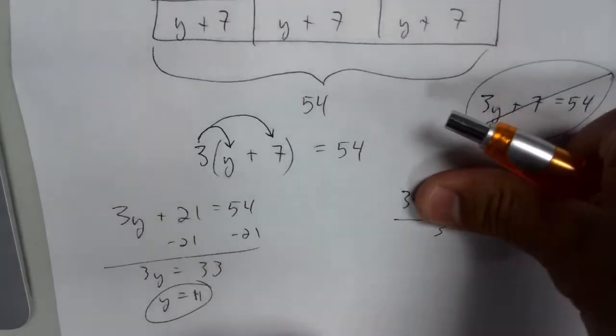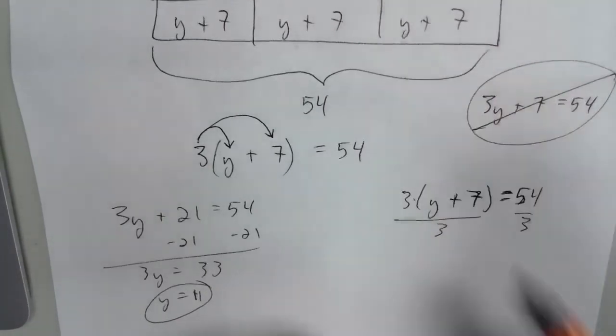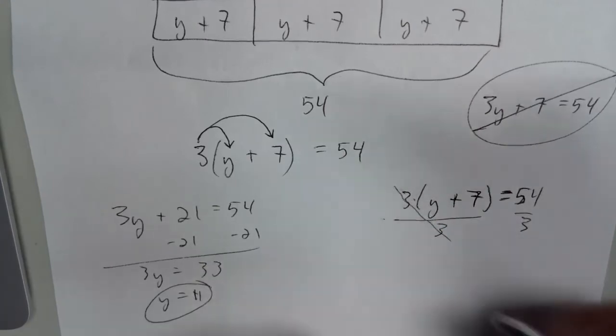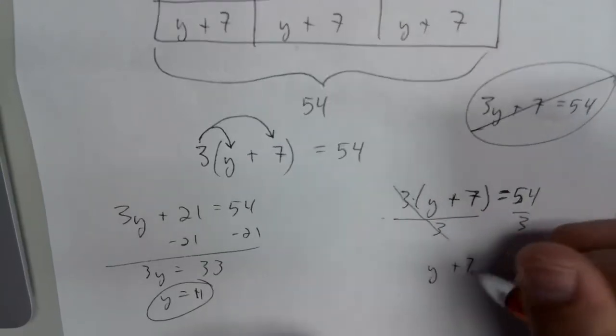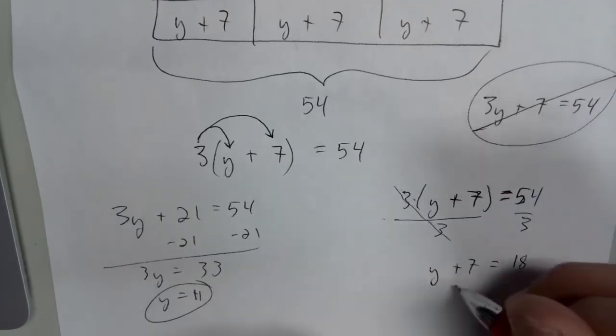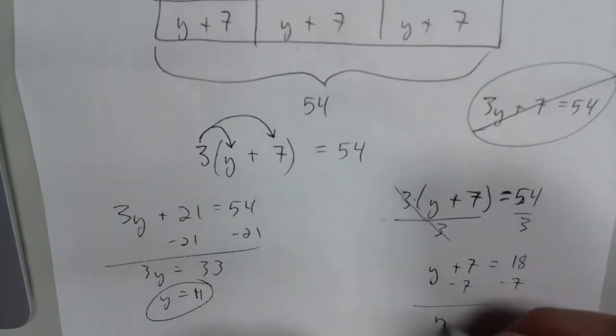Now again, you don't know what that quantity is, so simply putting everything under 3 will cancel out that 3. And I'd be left with y plus 7 equals 54 divided by 3. That's 18. Minus 7, y equals 11.